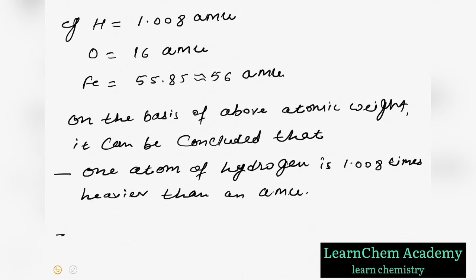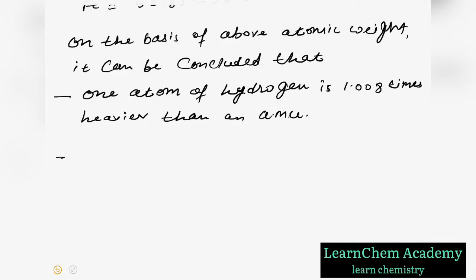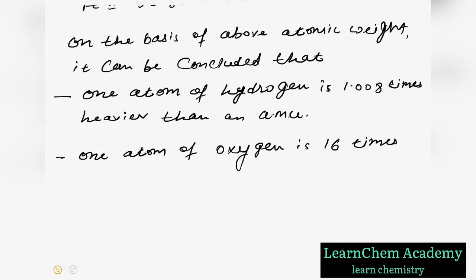Similarly, one atom of oxygen is 16 times heavier than an AMU. So this is the procedure by which we can get relative atomic mass.